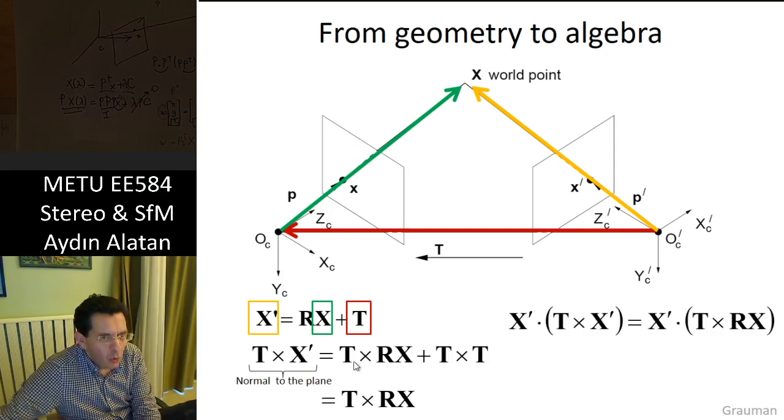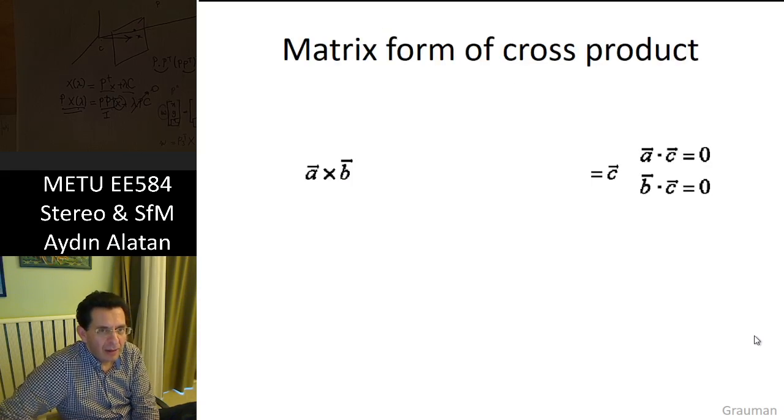Now, if you simply multiply the yellow vector with the vector which is normal to the plane, obviously this dot product should be exactly equal to 0. Okay, therefore that dot product is exactly equal to 0. Please note that if you take the dot product on the left hand side, the right hand side will also be a dot product here. Therefore this dot product should be equal to 0.